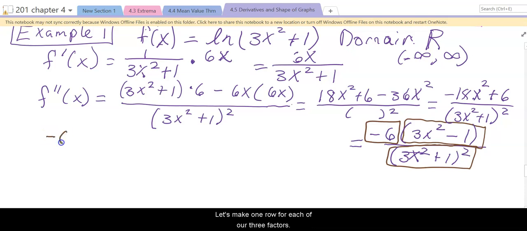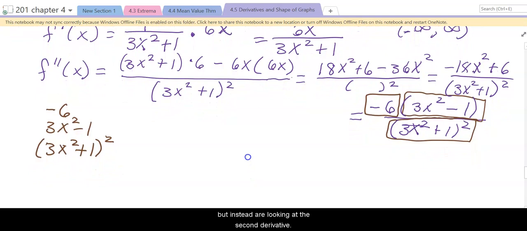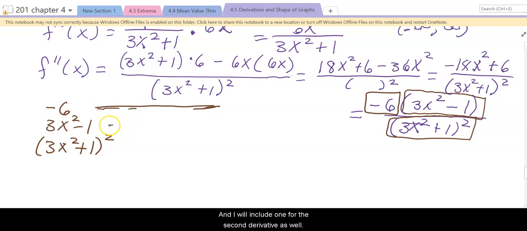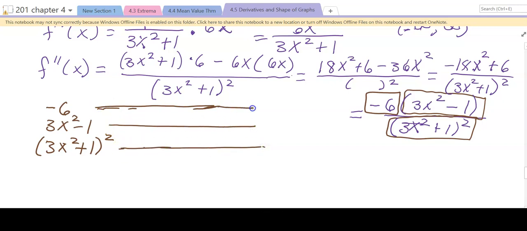Let's make one row for each of our 3 factors, and we will choose test points. This time, we are not evaluating the first derivative, but instead are looking at the second derivative to determine concave up and concave down. I will make one number line for each factor, and I will include one for the second derivative as well.